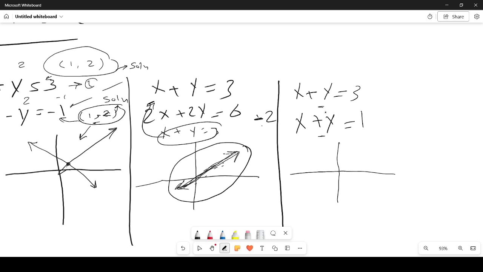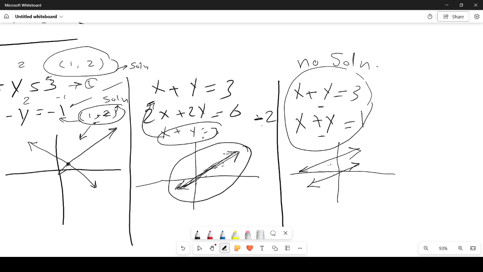And if you think about it a little bit, you wouldn't find any two numbers whose sum equals 3 and 1 at the same time, which means they may look like this: two parallel lines with no intersection point.